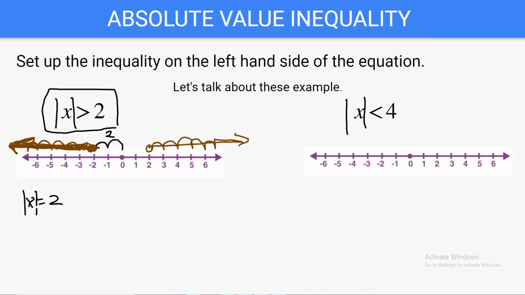So this would represent all of my distances that are greater than 2. It would be an open circle at 2 and -2 because it's just greater than, and it would move away from each other. Okay? Make sense?